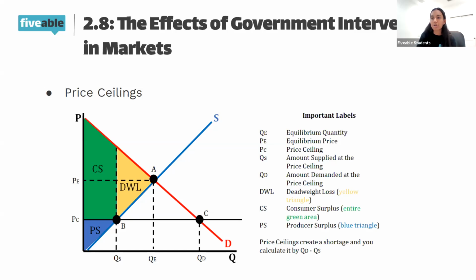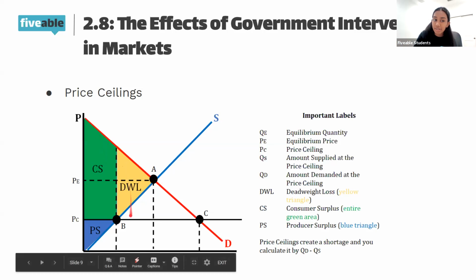And remember, we talked about how at equilibrium price, our total surplus, which is CS plus PS, is maximized. So since we're not at equilibrium price and we're setting a limit below, there's inefficiency now. So total surplus is decreasing, and when total surplus is decreasing, that means that there's deadweight loss in the market.